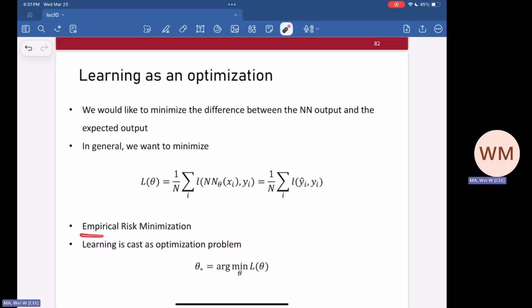So I think last week we talked about this term. This is basically an empirical risk minimization problem. Yes, good. So when we talk about training a neural network, we are talking about finding the parameters, the weights and the biases. We want to find the parameter theta such that the loss is smallest.